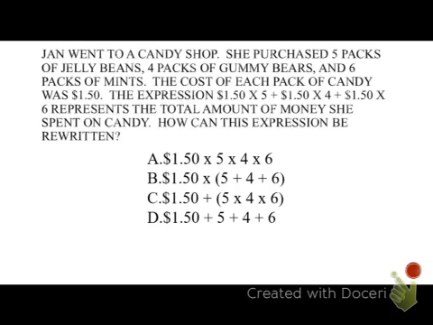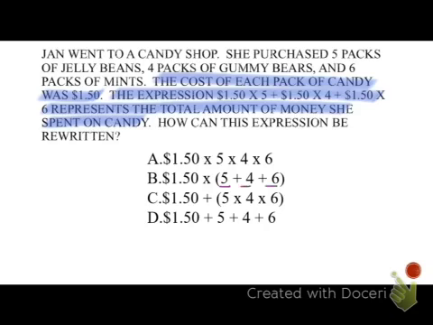In this question itself, it states the expression represents the total amount of money she spent on candy, and we know that the cost of each pack of candy was $1.50. So if we wanted to get another expression that represents the total, we should add all of the items that we bought, which is 5 plus 4 plus 6, and then multiply it by the cost.